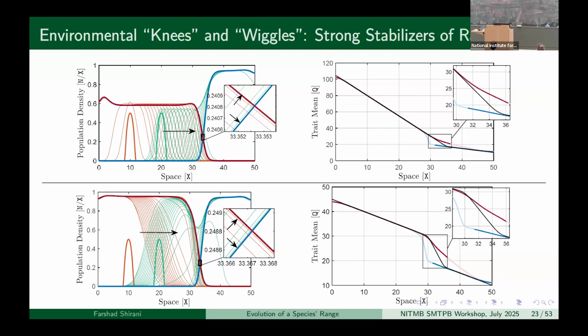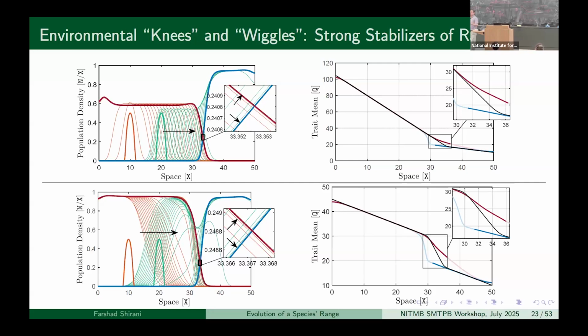But once the interface between the two species reaches this environmental knee, it is going to get stuck there, stabilized as an asymptotically stable equilibrium. There has to be something happening in this knee that gives some advantage to the weaker one. And that is exactly coming from the maladaptive gene flow, because the weaker one has already had the chance to establish itself in the shallower environmental gradient.